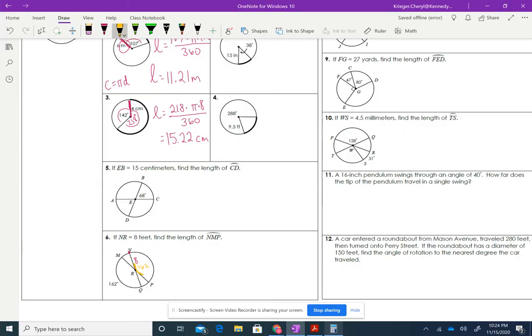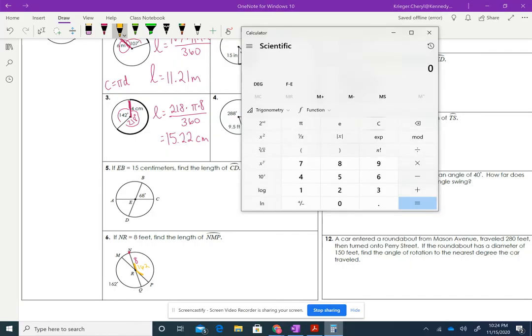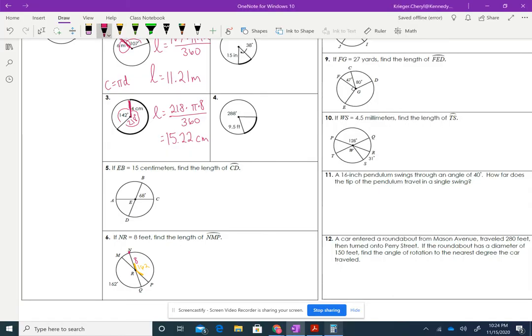So if I do 360 minus 162, then I get 198. Okay, so this degree measure is 198, and that's what we're going to use for our arc length formula because we're trying to find the major arc.